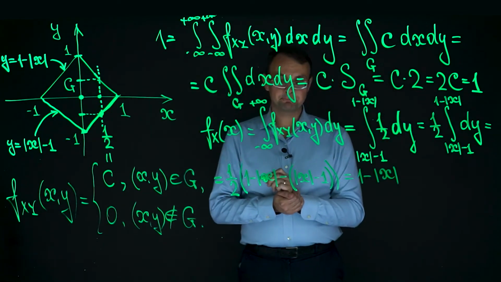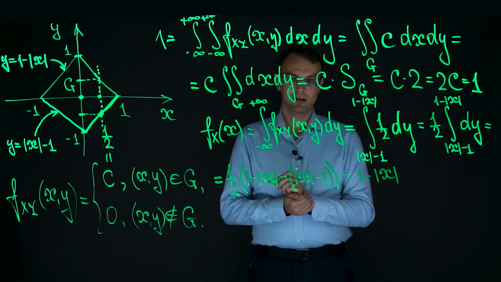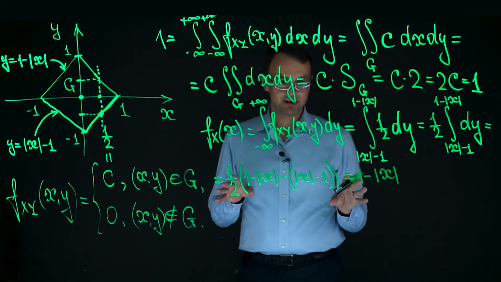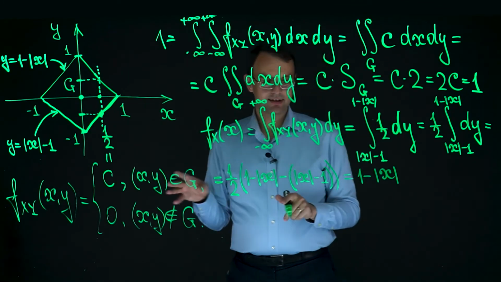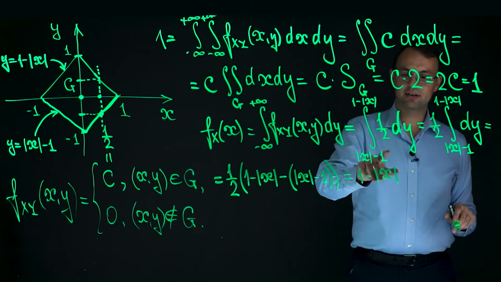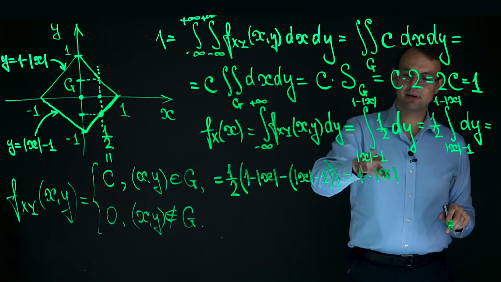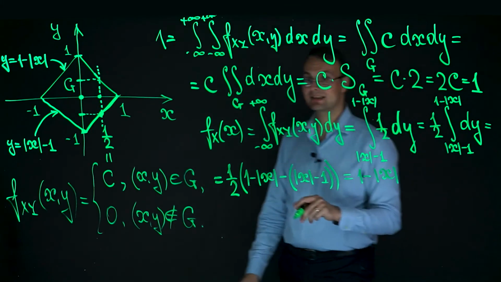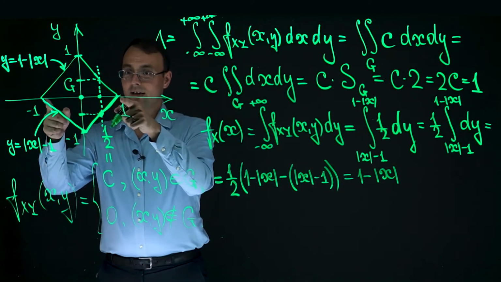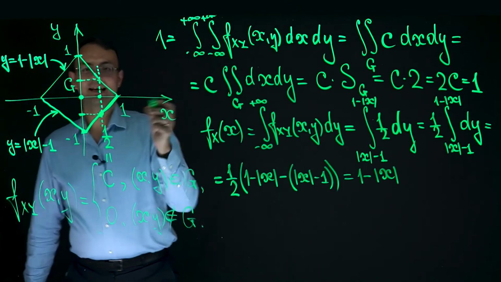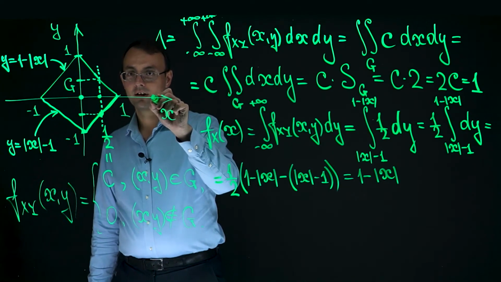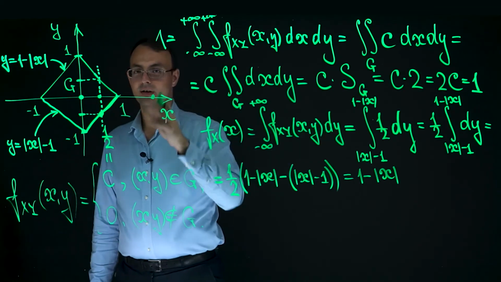So this is almost correct. Why I say almost? Because you see that all this is true, so limits of integration are these modulus x minus 1 and 1 minus modulus x, only if x is from minus 1 to 1. As we see here, if x is, for example, equal to 2, if we are somewhere here, our integral will be equal to 0.